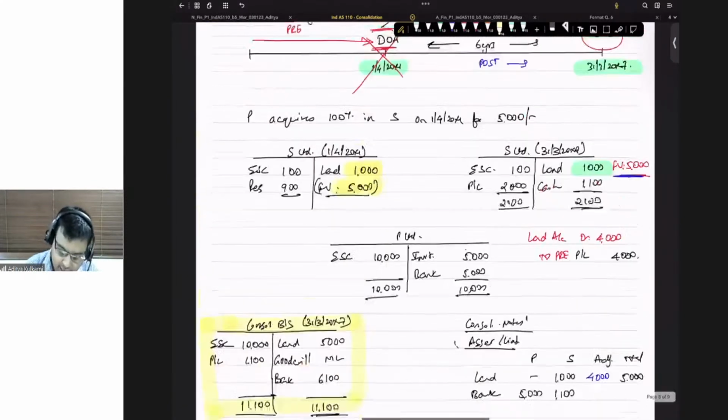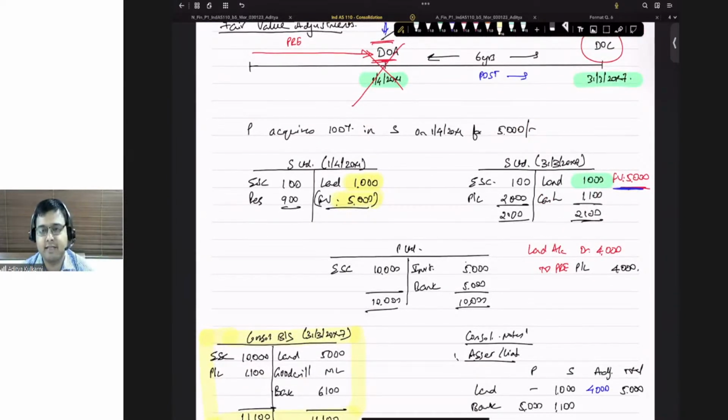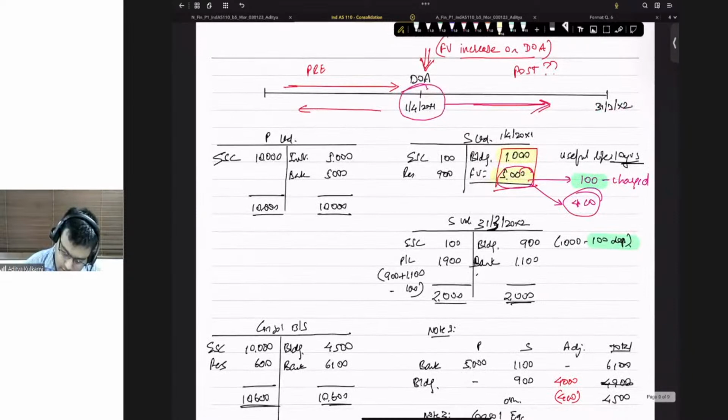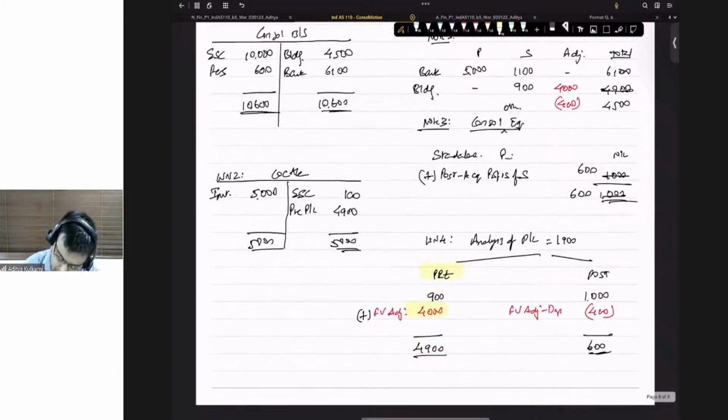The same thing, I have only changed the asset. Instead of land, I have put building. So on the date of acquisition, building was worth 1000, but fair value is worth 5000. So see, pre-acquisition reserve was worth 900. I increased it by 4000.